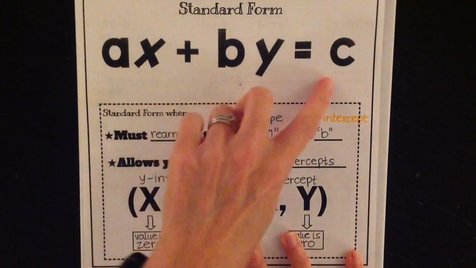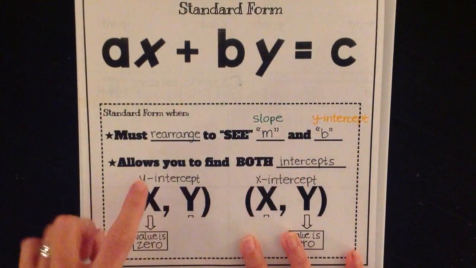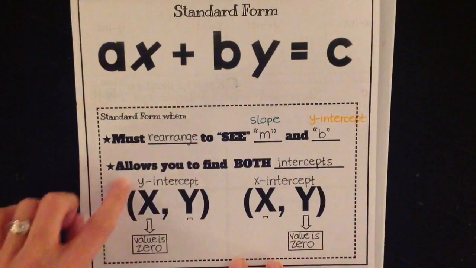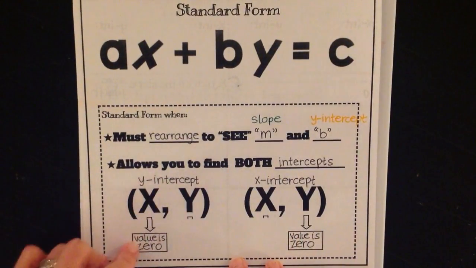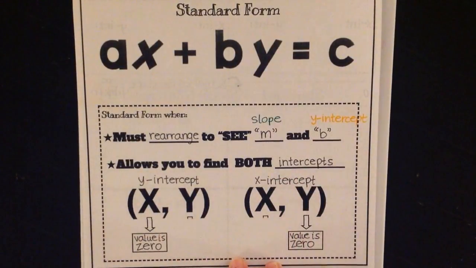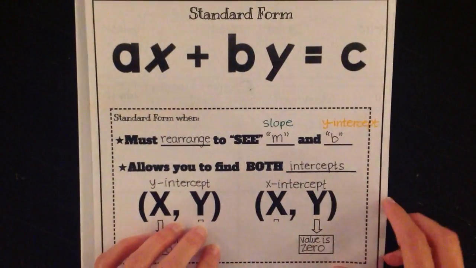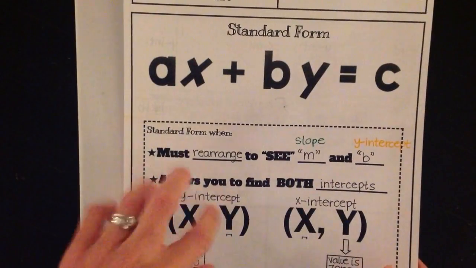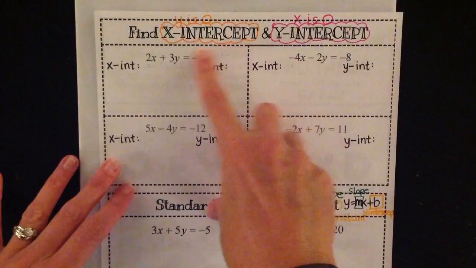This format, standard form, also allows you to see your x and y-intercept. Now remember, for a y-intercept, your x value is 0, and for your x-intercept, your y value is going to be 0. So let's look at a couple of example problems, finding intercepts, and then we're going to work on rearranging the equation.